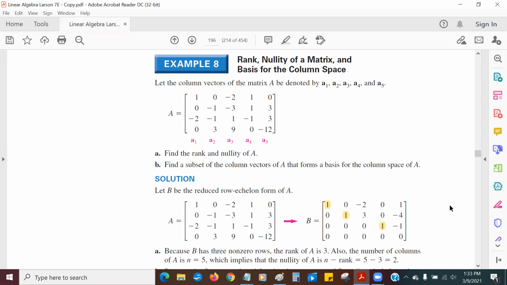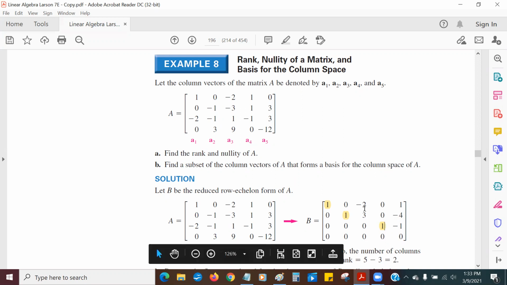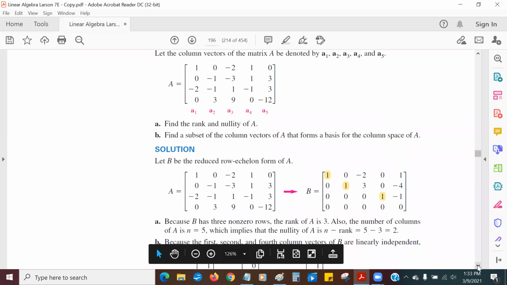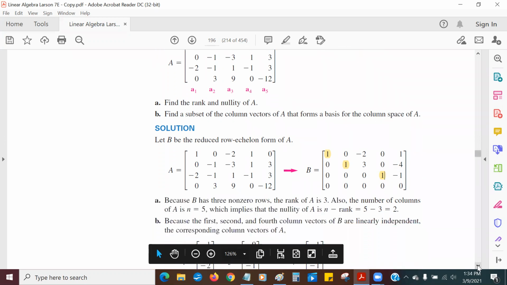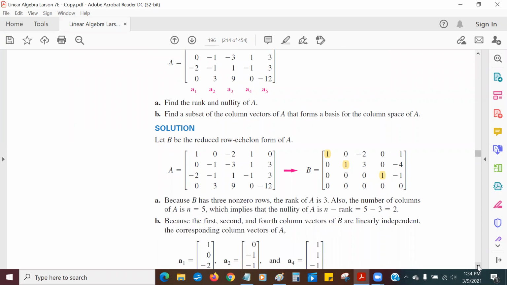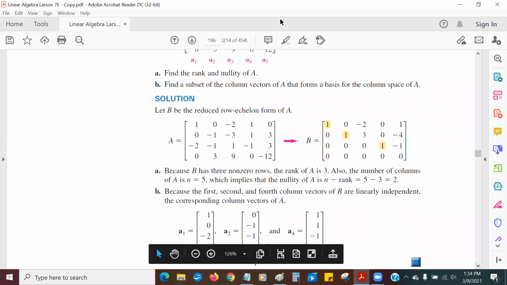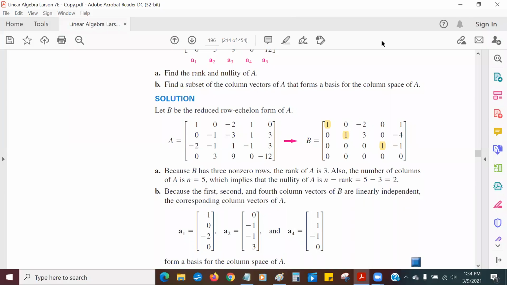Furthermore, we see that there are 2 columns left over which do not have leading ones. Those 2 columns would represent the nullity, so the nullity is 2.